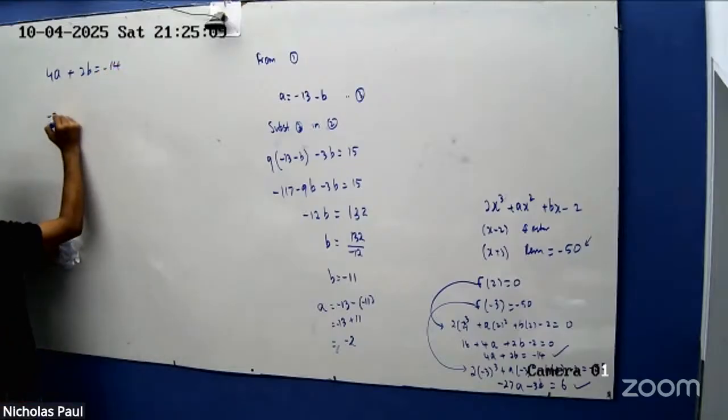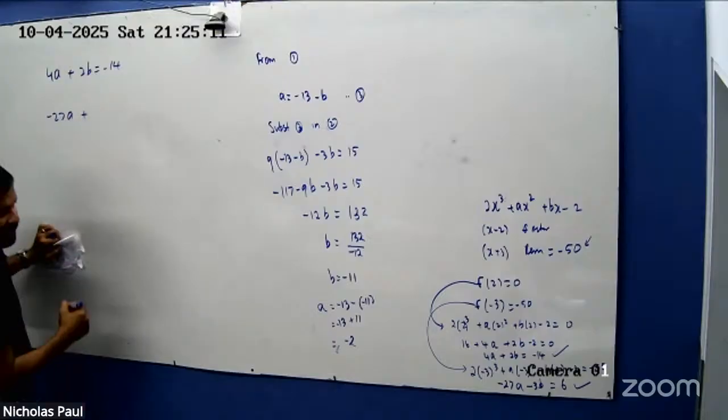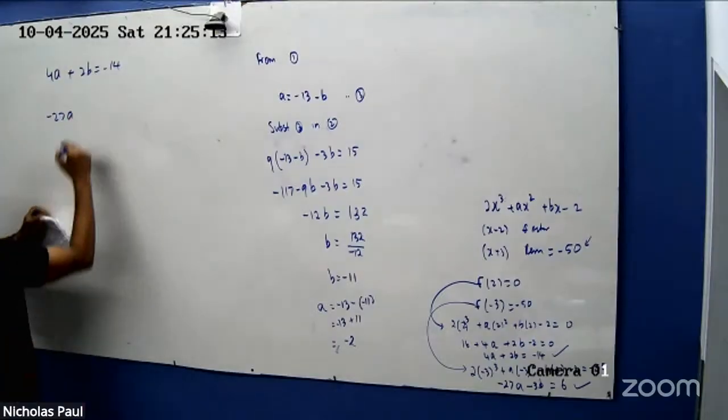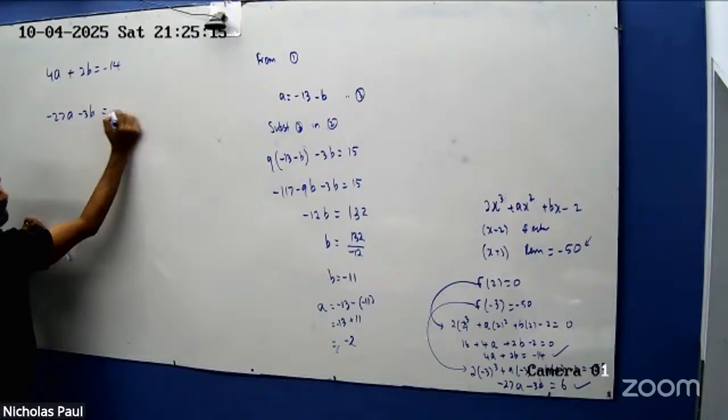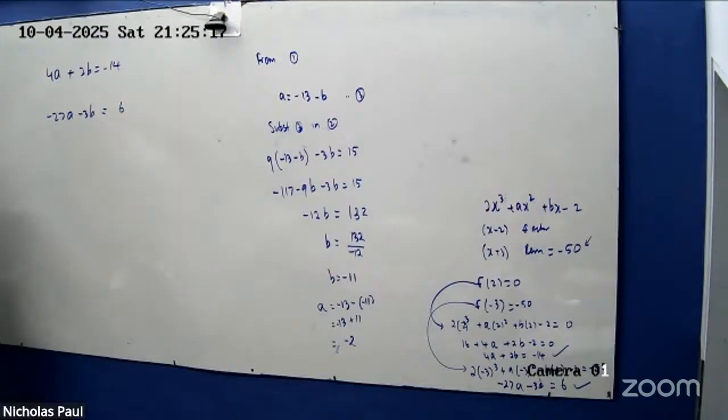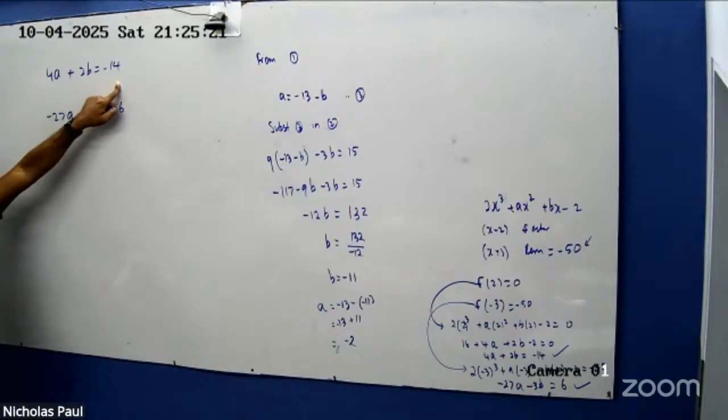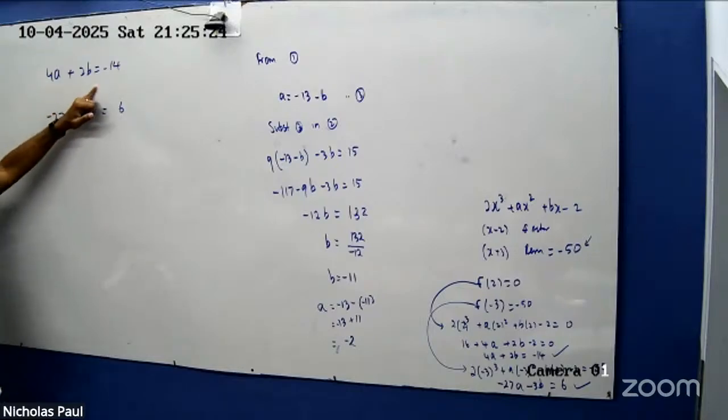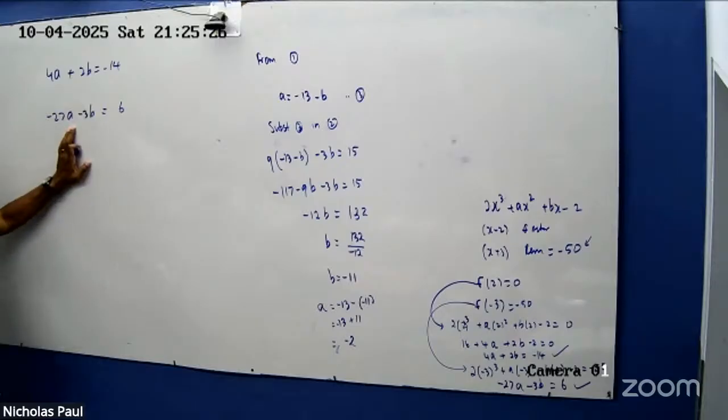And we have minus 27a minus 3b is 6. So there are two things I could do. I could divide this by 2 to make it smaller, so I'll get 2a plus b is minus 7. Here, I can divide everything by minus 3 and make the equation look a little bit easier.